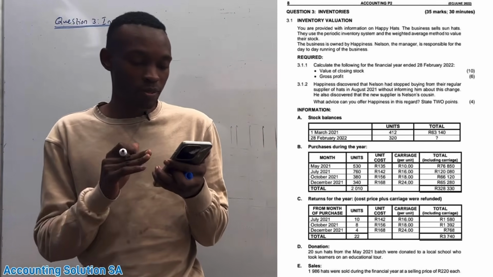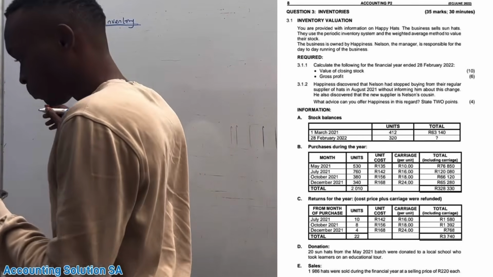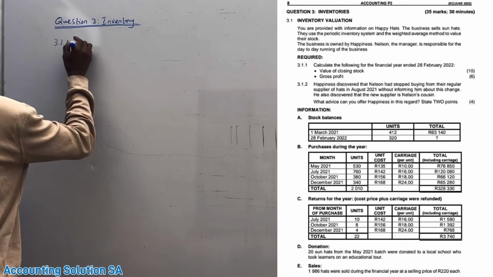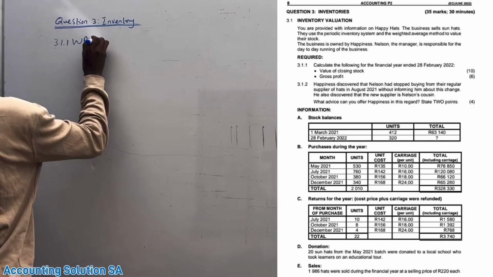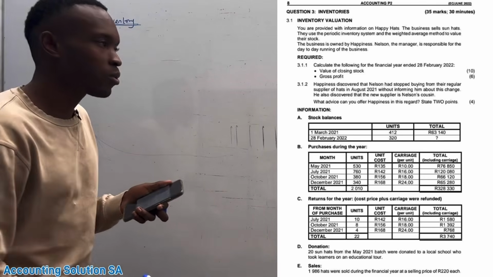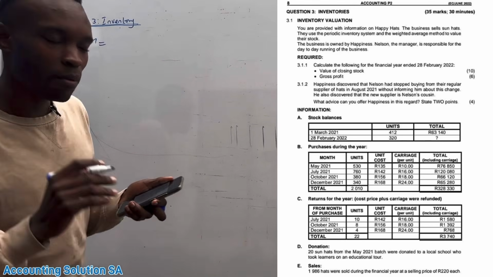Remember, they said that this business is using the weighted average method. 3.1.1 weighted average method. All right, when we calculate the weighted average method, we're just going to take all totals and divide by the number of units.